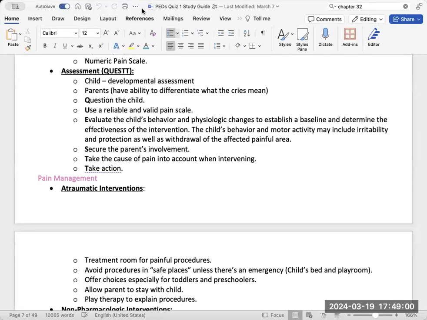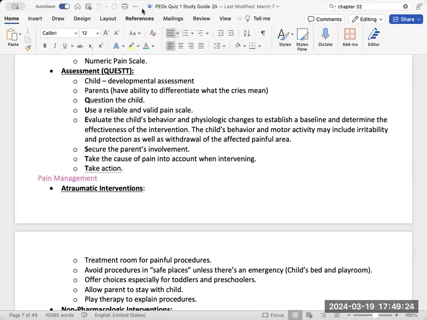Evaluate the child's behavior and physiologic changes to establish a baseline and determine the effectiveness of the intervention. That could be looking for behavioral signs in the baby. Signs that the pain's getting worse could be increased irritability and withdrawal of the affected painful area, so maybe they don't touch it as much, right?